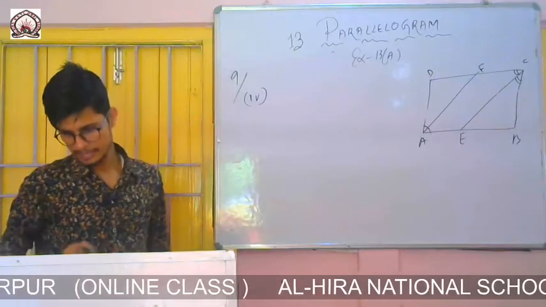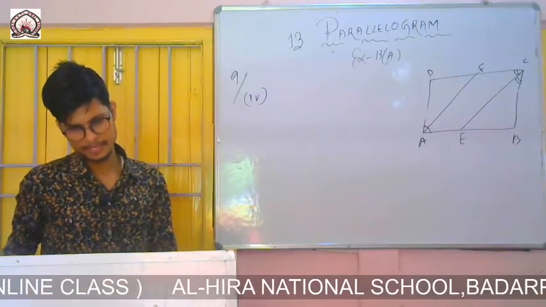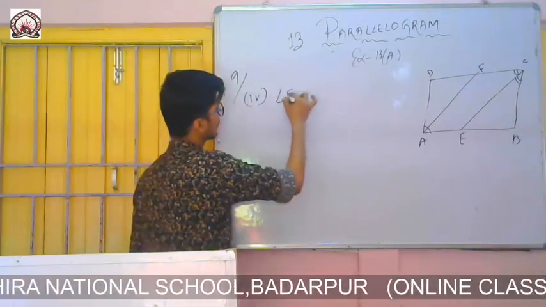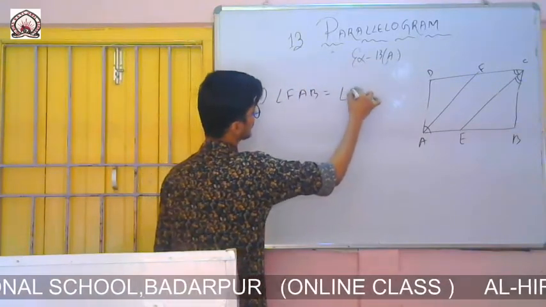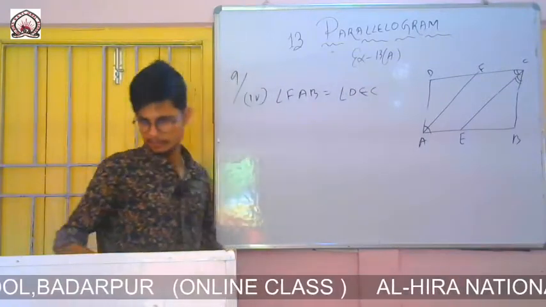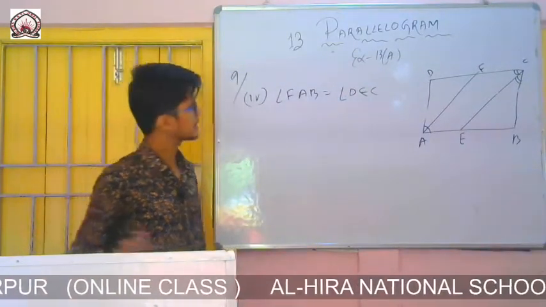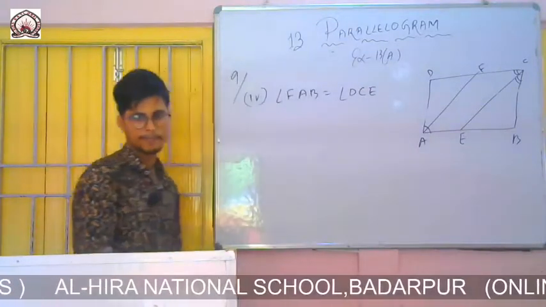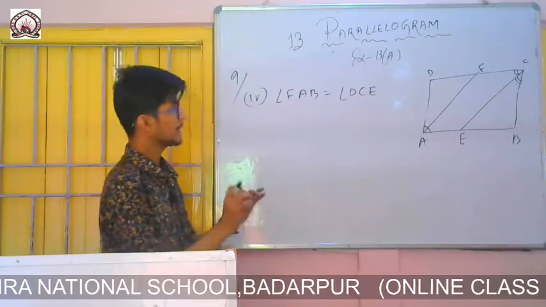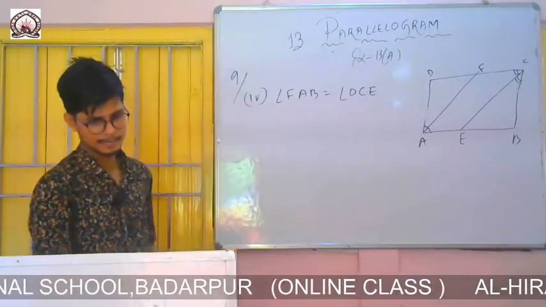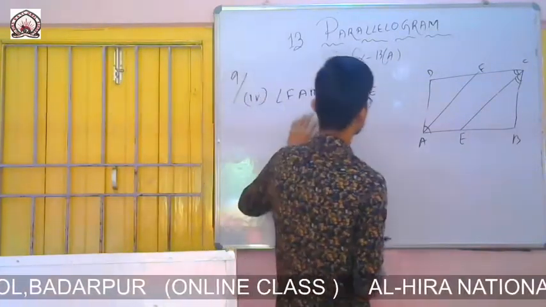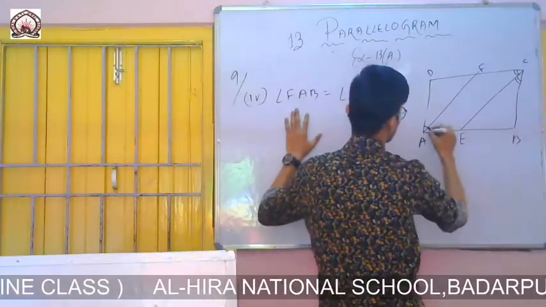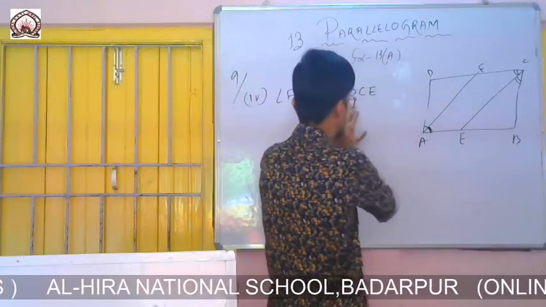Now Roman number 4. The question is angle FAB equals angle DCE. So you see which ones? FAB, this angle, and DCE.